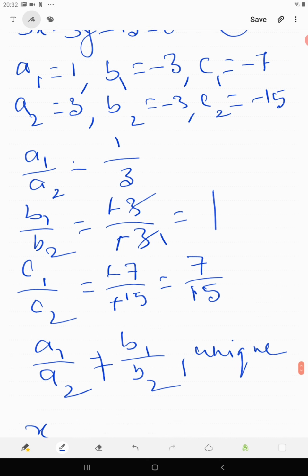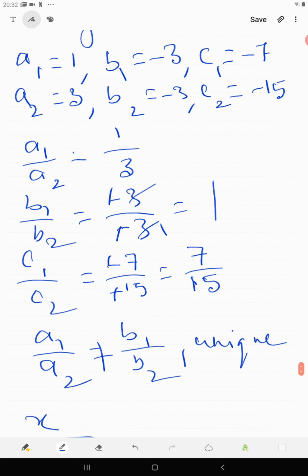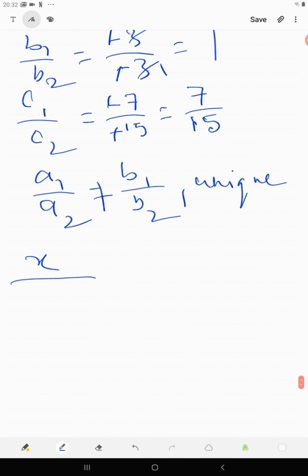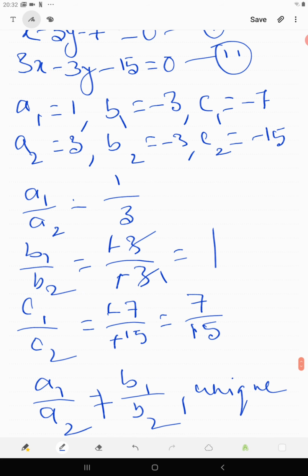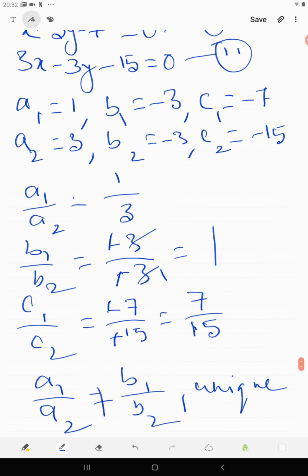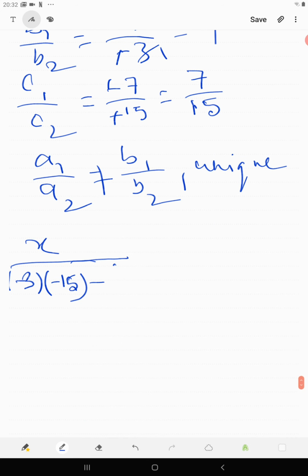What is b1? b1 is minus 3 and c2 is minus 15. So I'll write minus 3 into minus 15, minus b2 c1. What is b2? Minus 3 into minus 7. Correct?